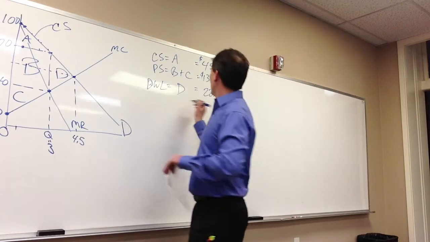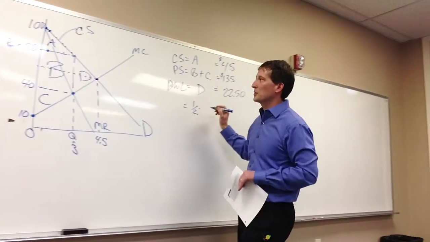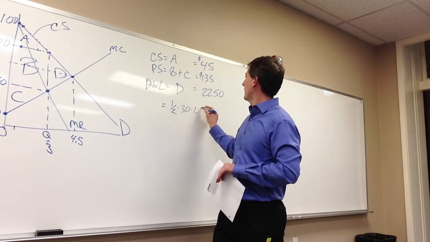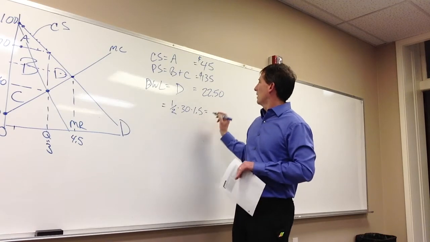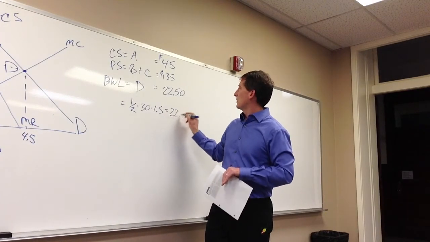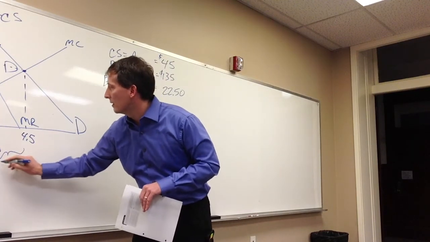But otherwise, you did one-half of, what were your numbers? 30 times 1.5. So there's your 45 divided by 2, 22.50. So the 1.5 is right here.